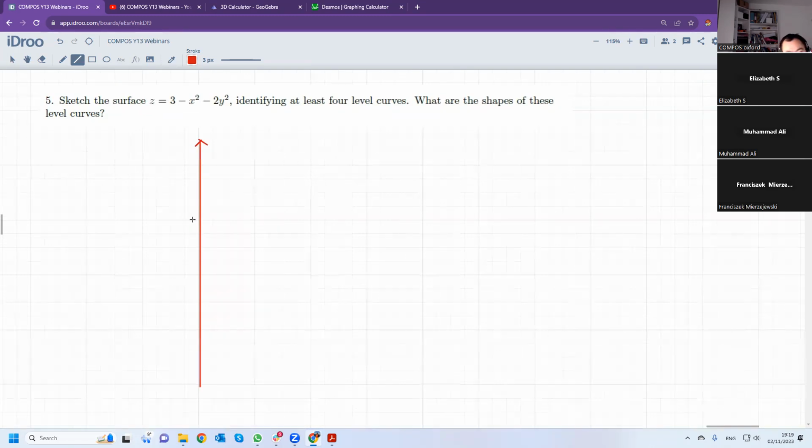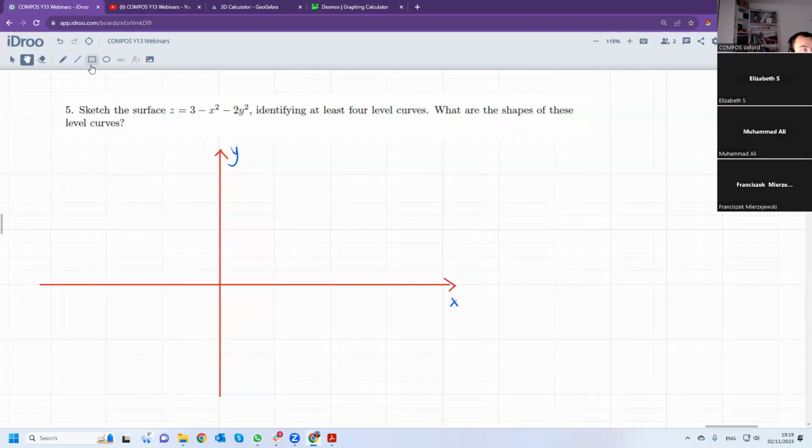So what we can do is first sketch the shape for x, y for several different values of z.